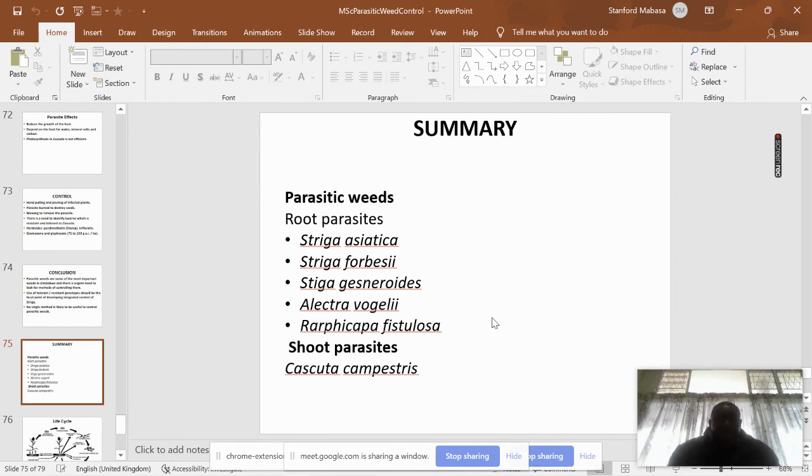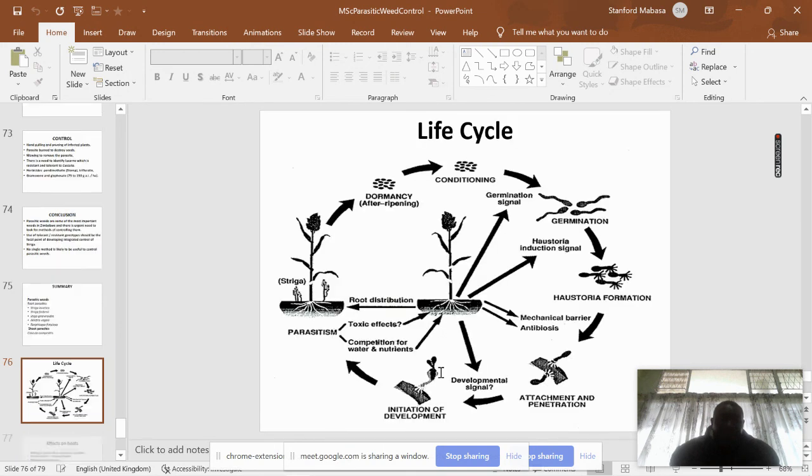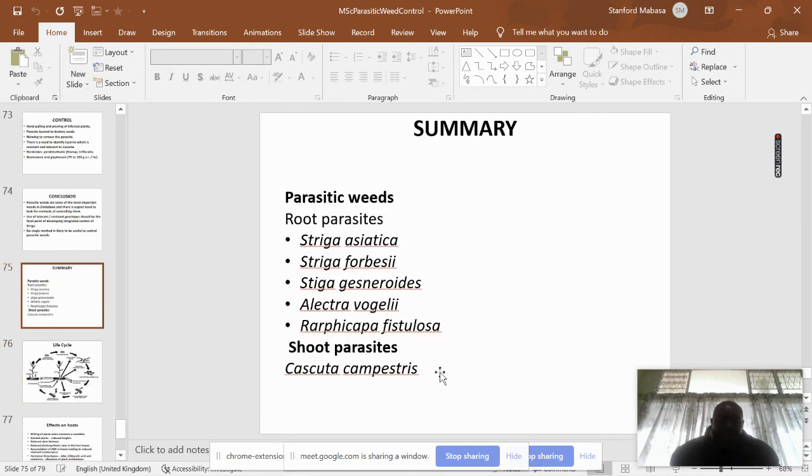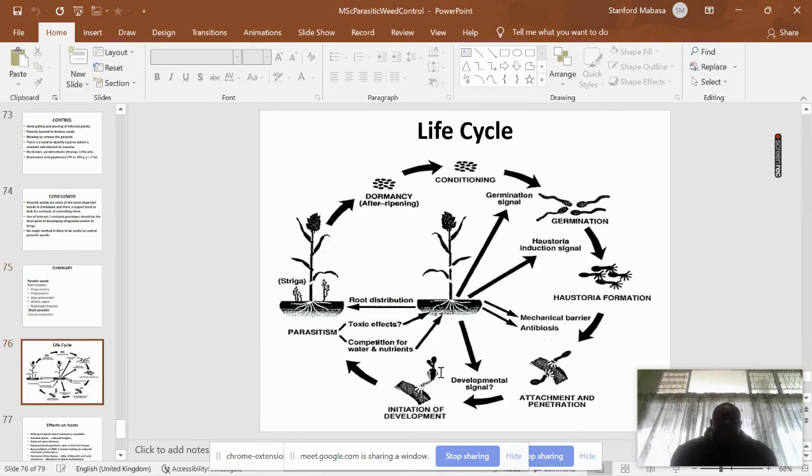Then shoot parasites, we have got Cuscuta campestris. And this is the life cycle which is applicable to most of these parasitic weeds. You have to go through this life cycle.